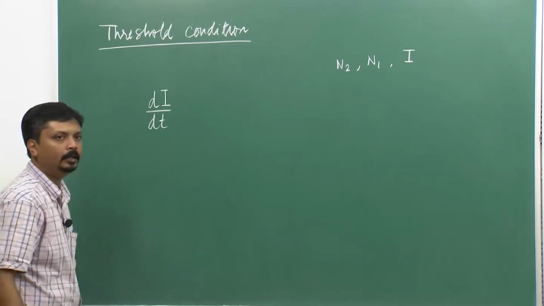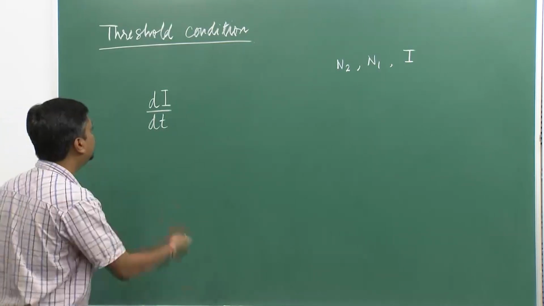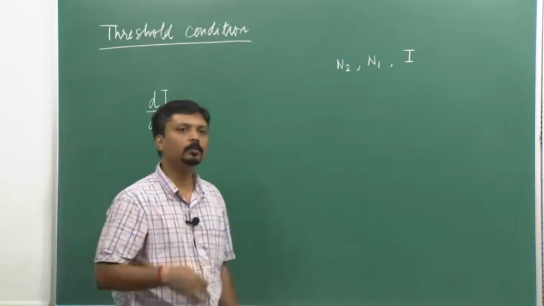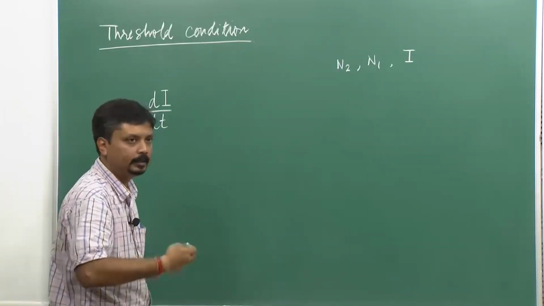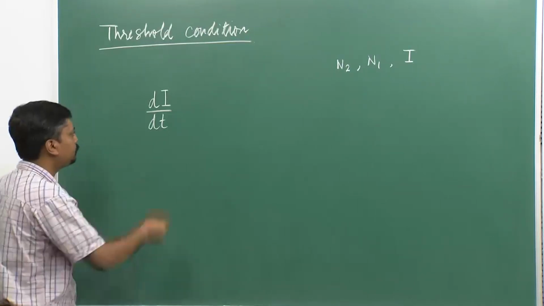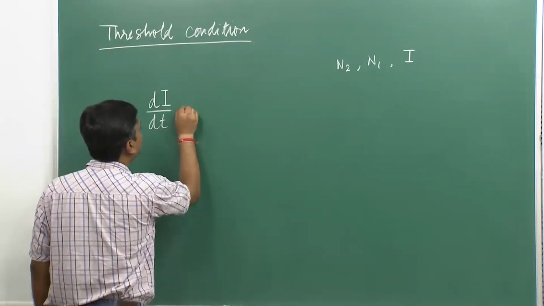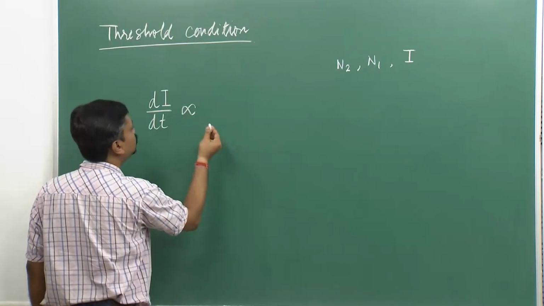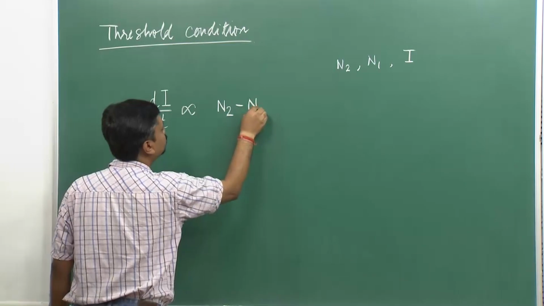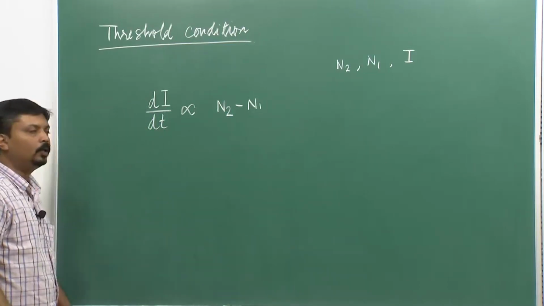we can write as dI/dt, and you can see this is positive. So, it signifies that there is an increase. In case of a decay, we write it as negative, we know that. So, this is proportional to the population difference.